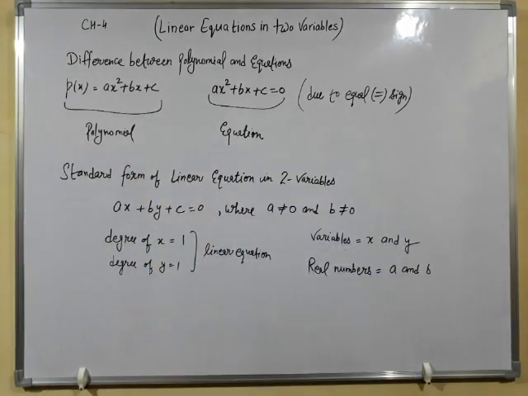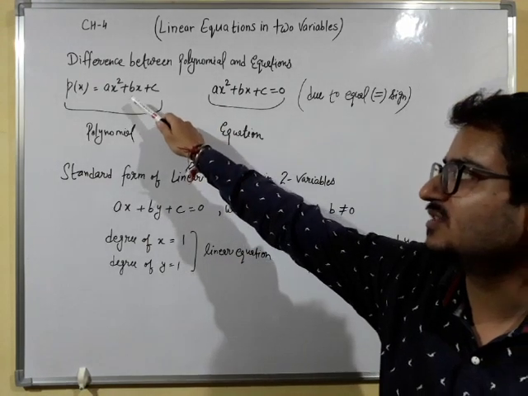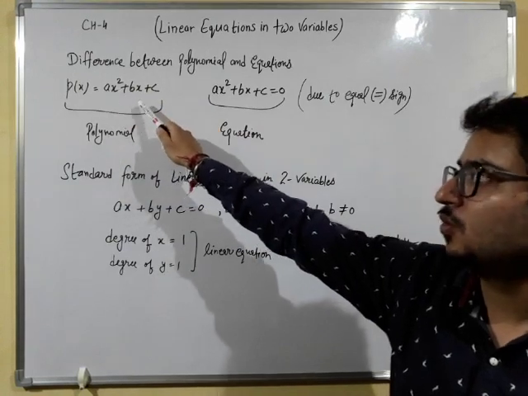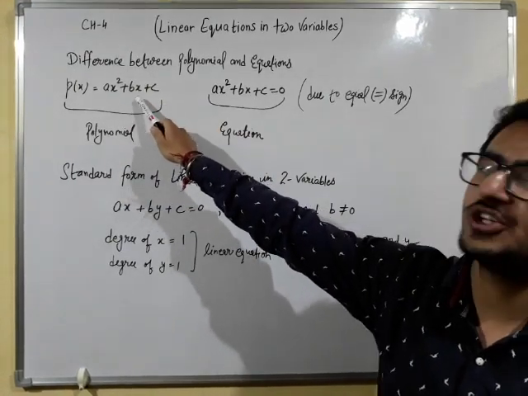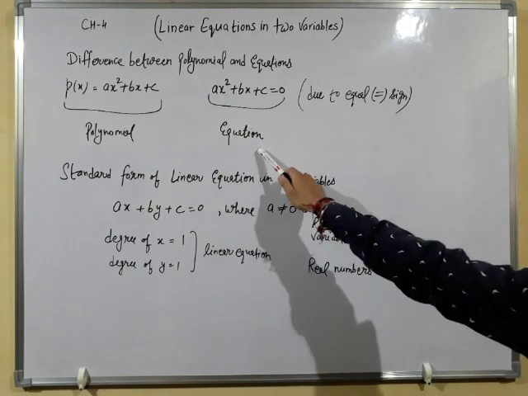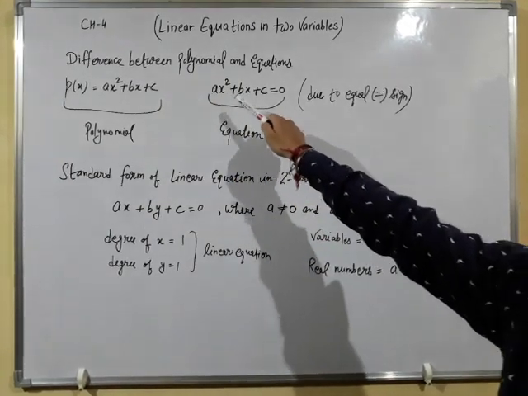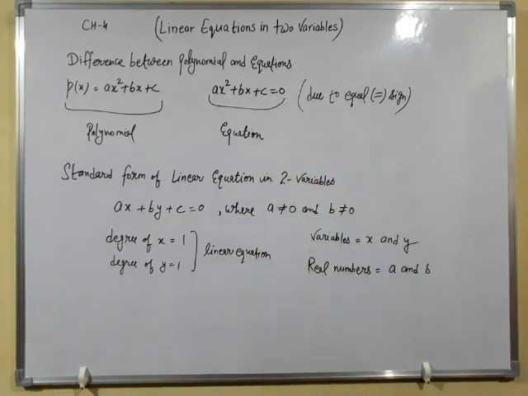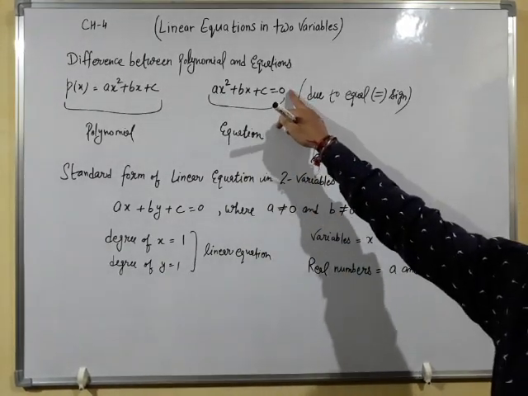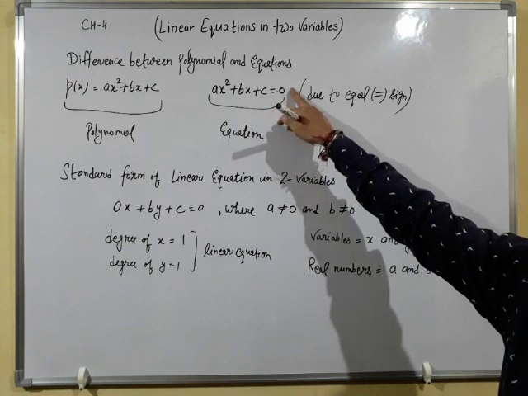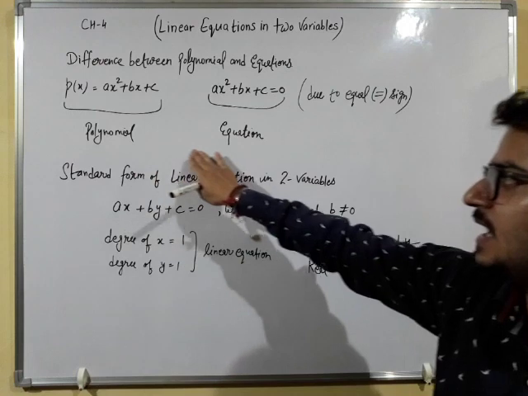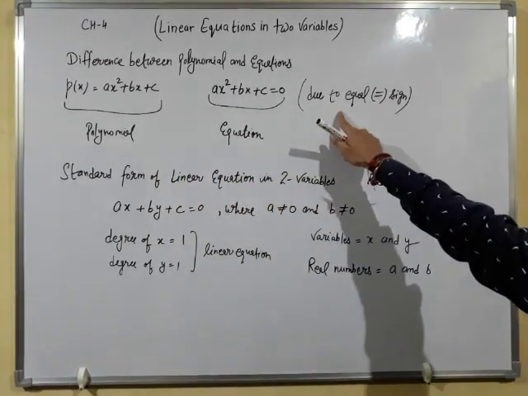We represent any polynomial through p(x), and p(x) equals ax square plus bx plus c. p(x) is only for the representation of a polynomial, and an equation can be written as ax square plus bx plus c equals 0 or something, whatever you want to write here. You can take any constant. Now, what is the difference between polynomial and equation? Yes, this is the difference.